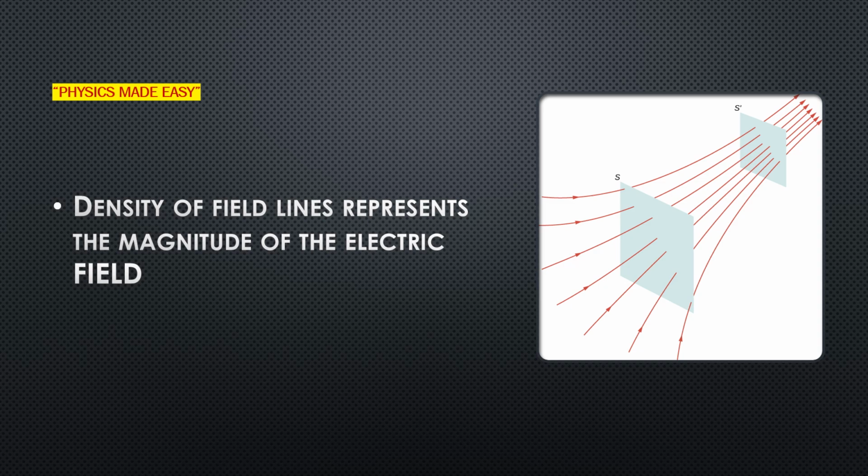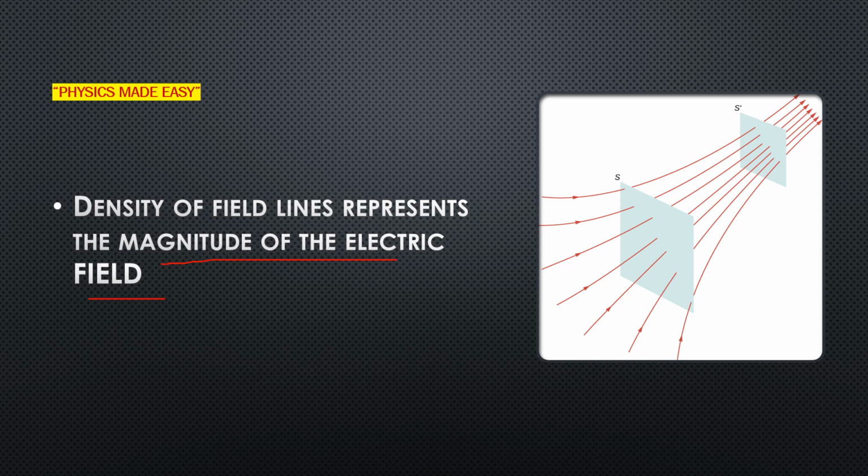Here we see the electric field lines, which are red in color, and the two plates having the areas S and S dash. These electric field lines crossing the cross-sectional area represent the density of the field lines, and this represents the magnitude of the electric field.